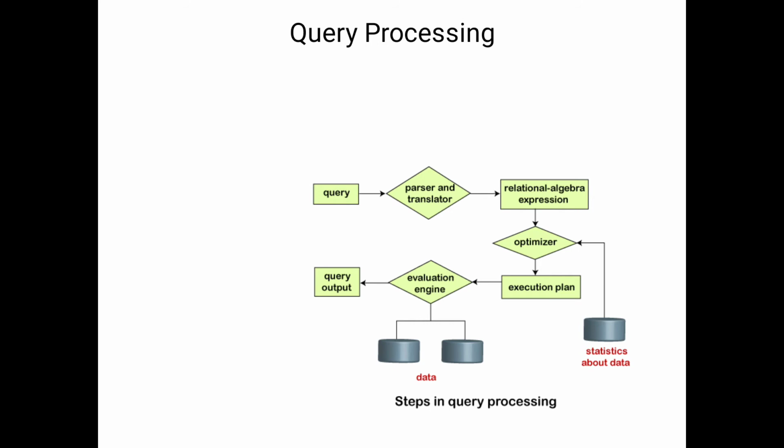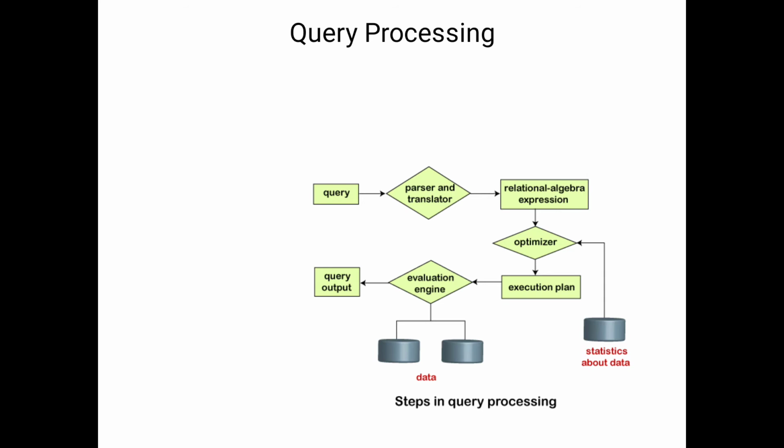At this time, the translator helps in converting one format of the programming language into another format. Okay, so here with the help of the parser and translator, the queries are converted into relational algebra expressions. Here comes the optimizer. Now in this session we will discuss optimization also. We have different query optimization algorithms available.